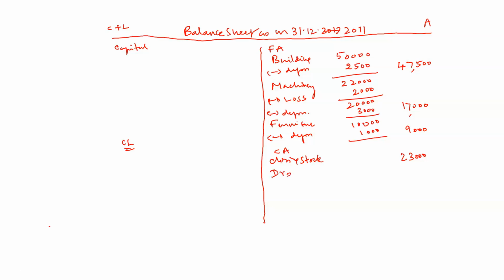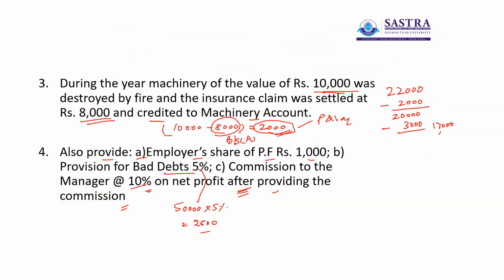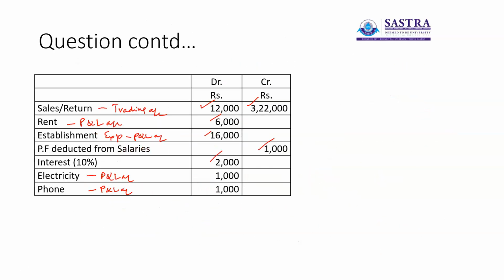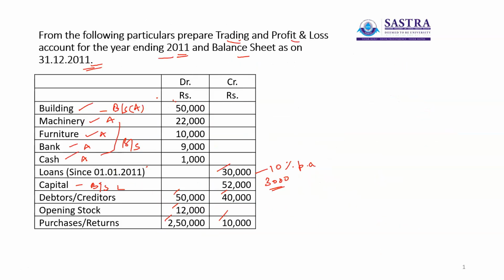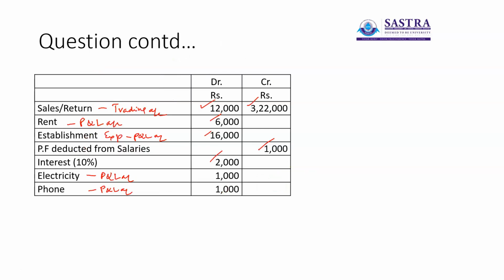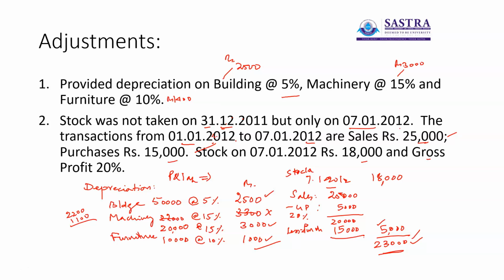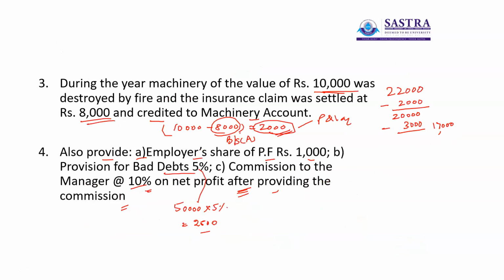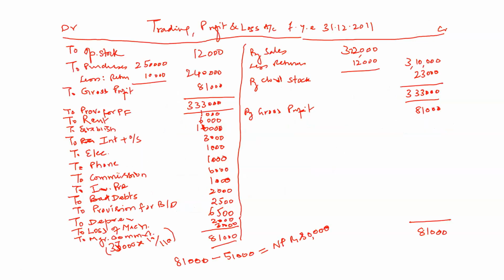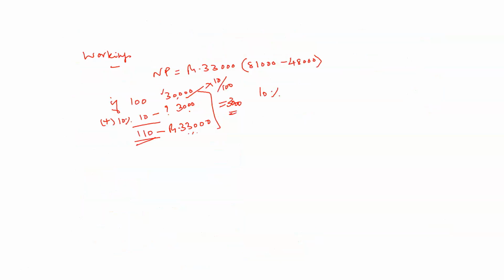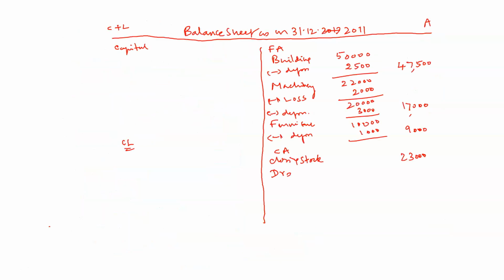Debtors. Value of debtors as per question 50,000. Bad debts is a trial balance item. So we have to create only the provision at the rate of 5%. So 2,500 provision. Since additional bad debts is not given, we can simply subtract provision and extend the balance to the outer column.